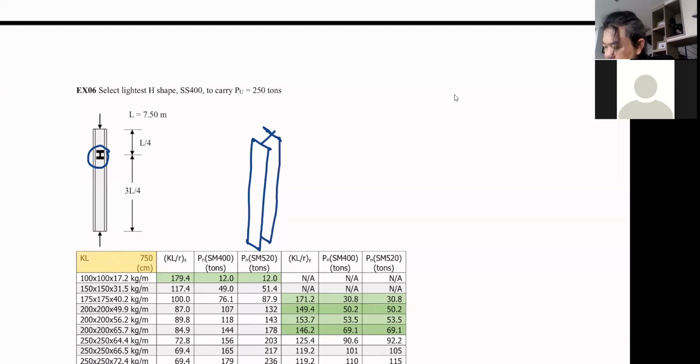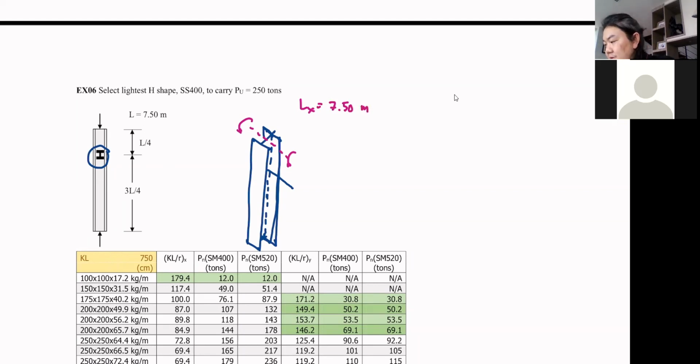you now have the bracing somewhere in this direction to cut short the unbraced length in Y direction. So that means in X direction, again, it is going to be free to rotate with the unbraced length equal to 7.5 meters.